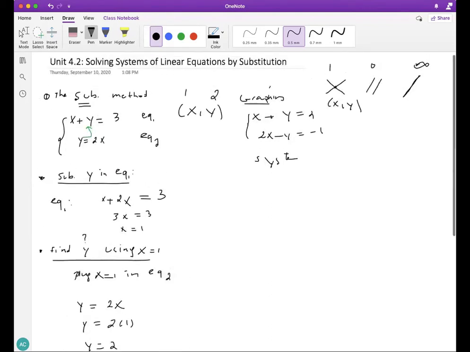So you look at the system, you go to the variable that's by itself, and you plug it into the other equation. It doesn't have to always be y, it could be x by itself. Once you plug that, you end up with a simple first degree equation, which you solve to find one of the variables.